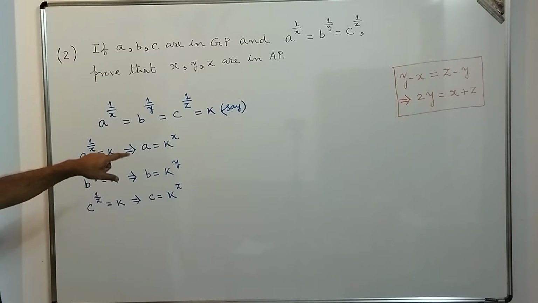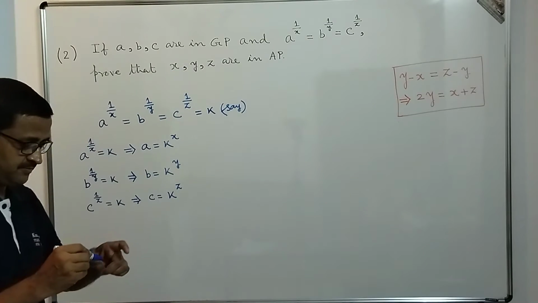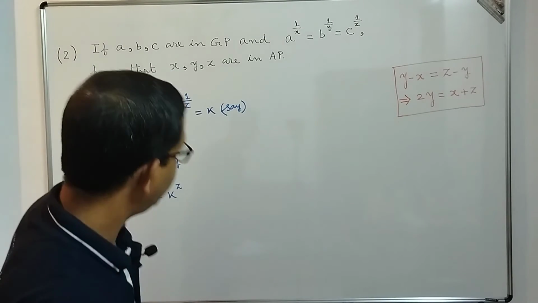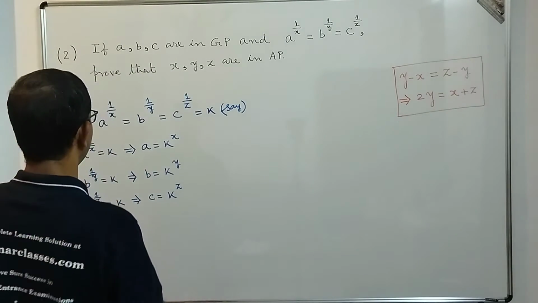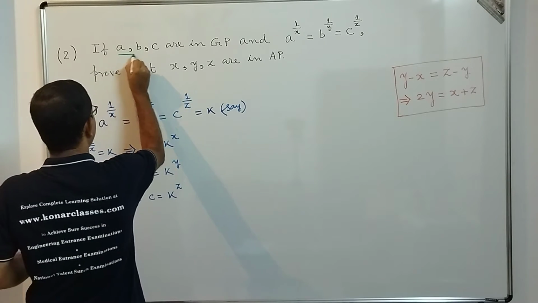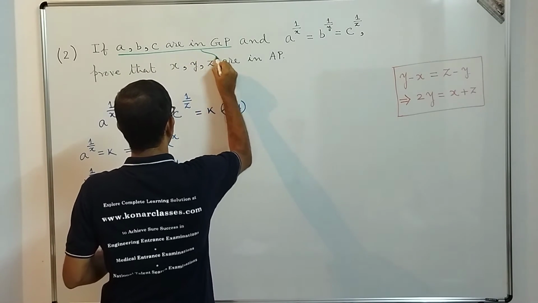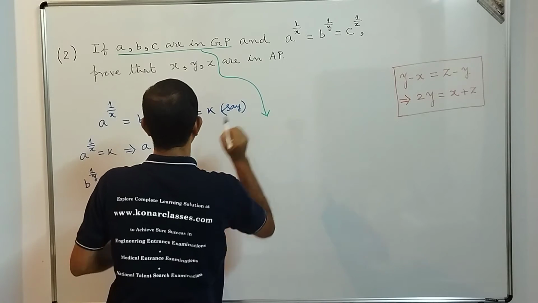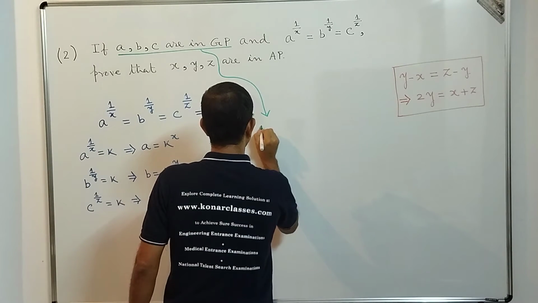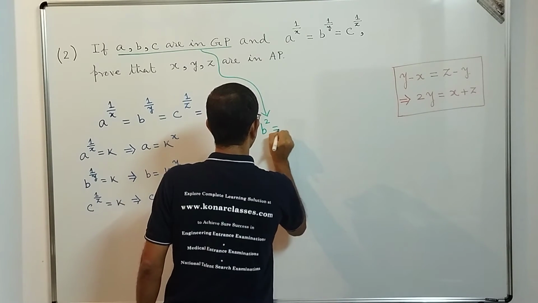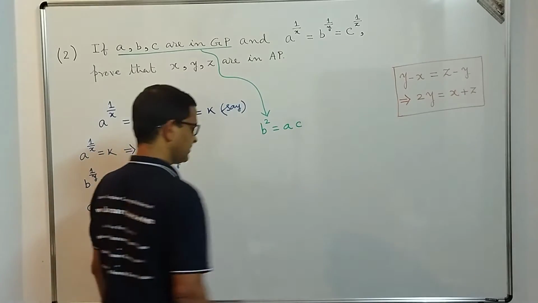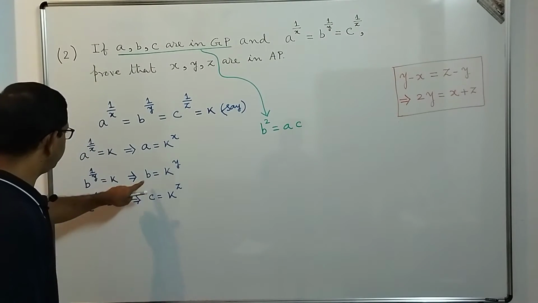Now according to the question, ABC are in GP. If ABC are in GP, what can we write, dear students? We can write that b square is equal to a into c. Correct or not? Now what is b square?